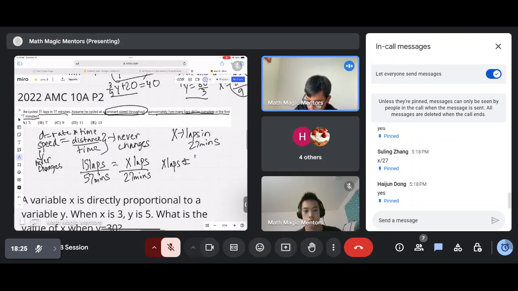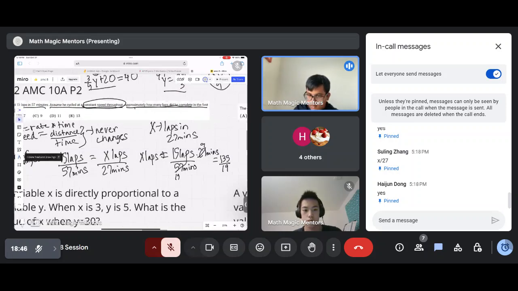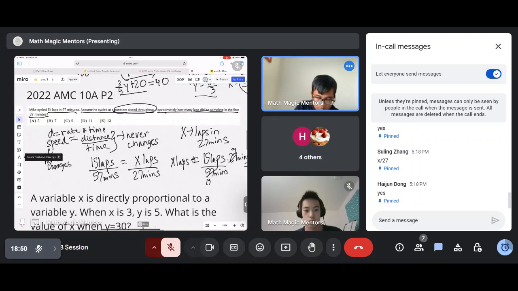x equals 15 laps over 57 minutes times 27 minutes. And so this is going to be 19, it's going to be 9. And so it's going to be something like 135 over 19. And 135 over 19 is close to 7 laps.